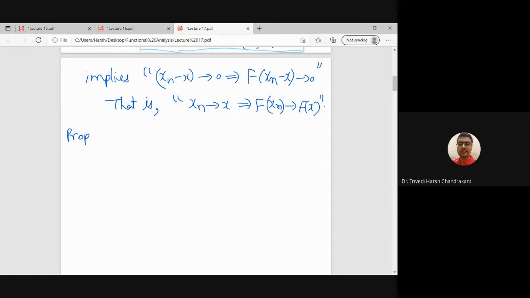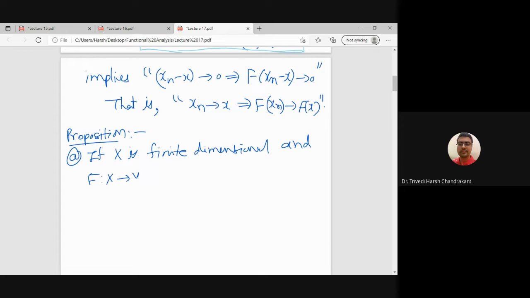So the first proposition is that if the domain is finite dimensional, and we have a linear map f from x to y, so whenever we have a linear map defined on a finite dimensional vector space, of course x is a vector space, then such a map is always continuous.